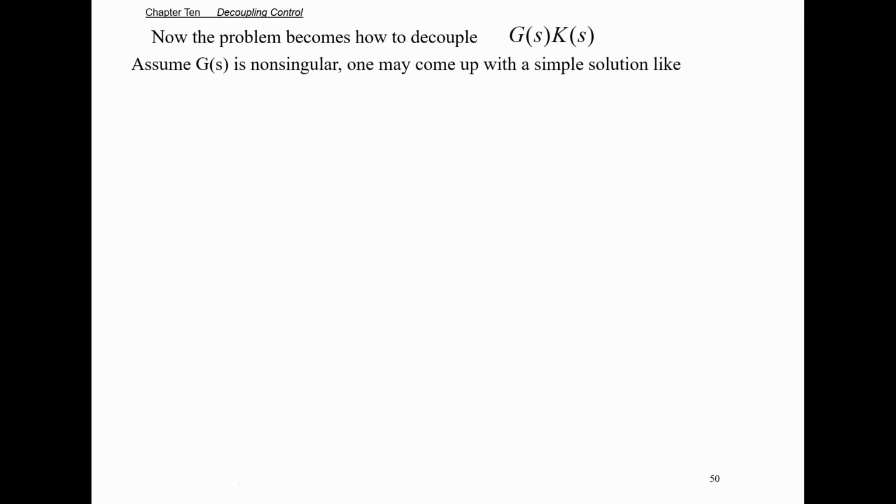You are given a matrix G. How do you get another matrix such that the result is a diagonal matrix? The inverse of that matrix, right? Is that the answer for the decoupling problem?